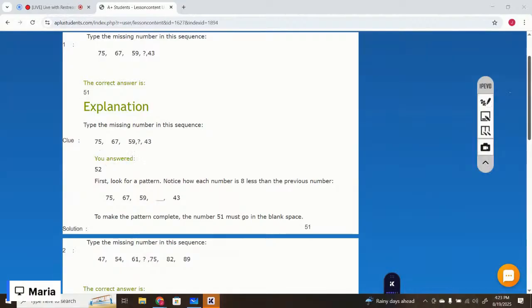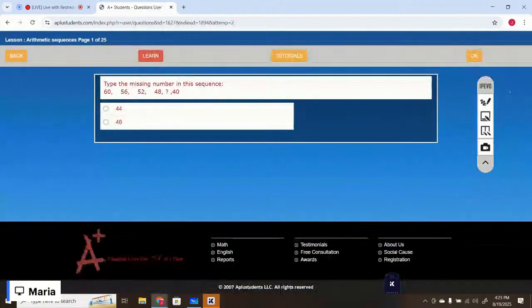Let's just start with the test questions. Type the missing number: 60, 56, 52, 48, the missing number, and 40.